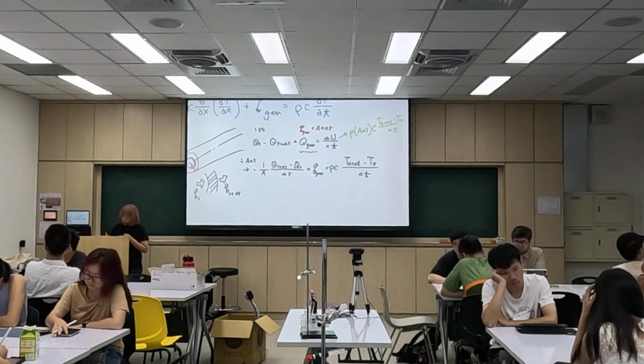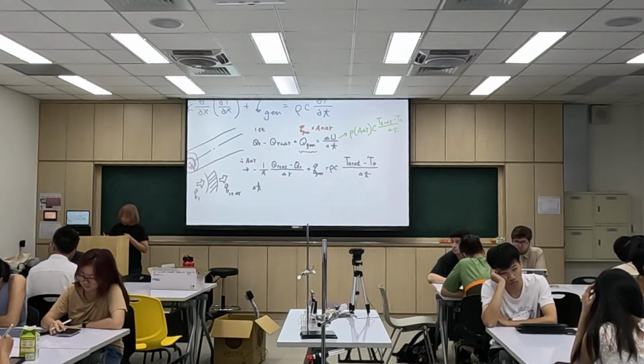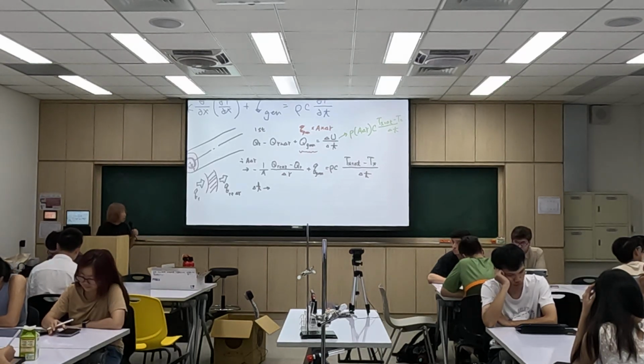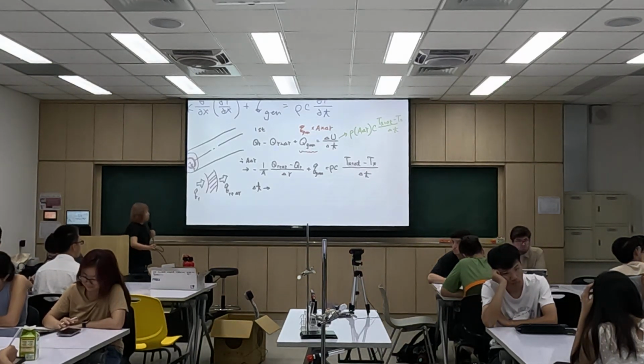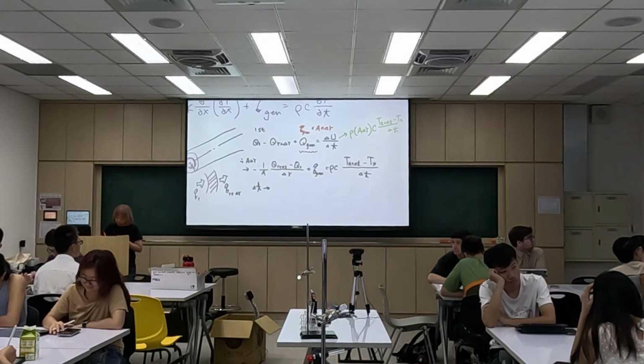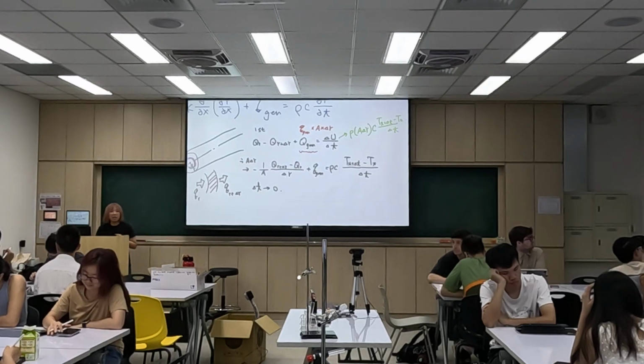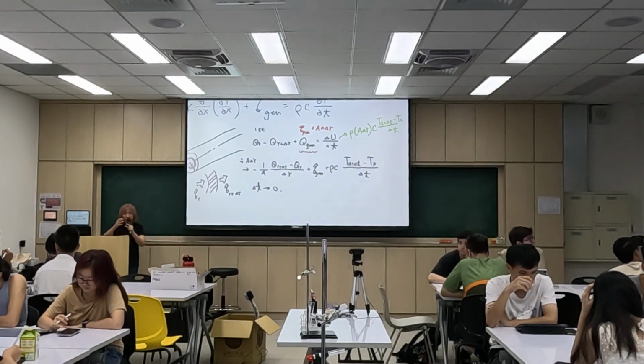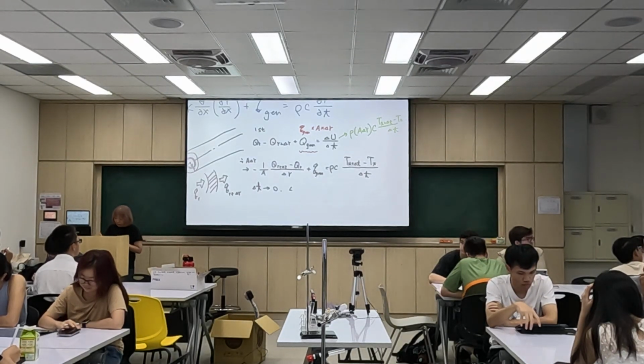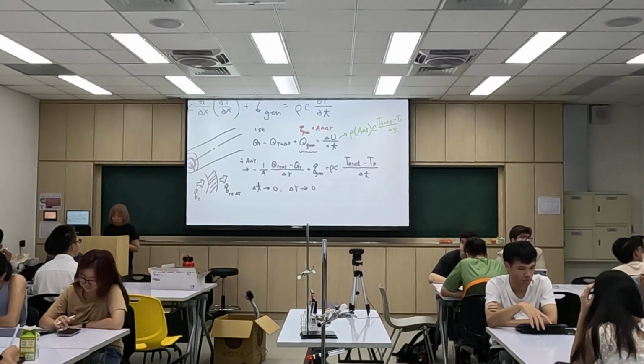Okay, so now we push the stuff into the limit. So for example, the time difference is very small, approaching 0. And also the thickness of the ring inside of the cylinder is very small, so the delta r is also approaching 0.